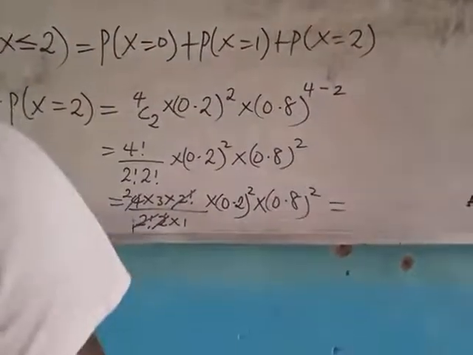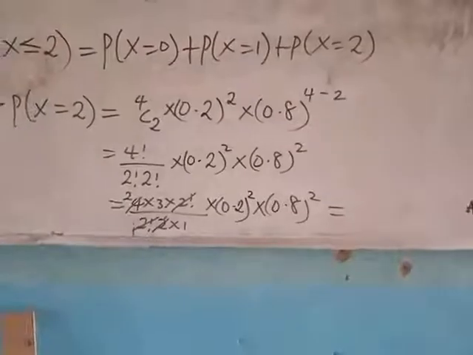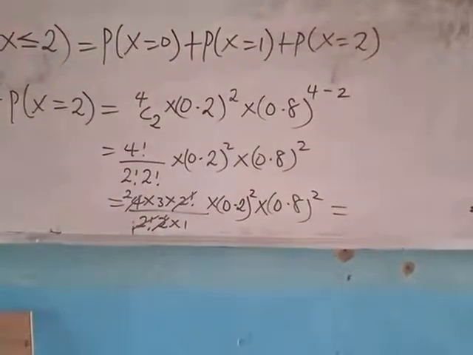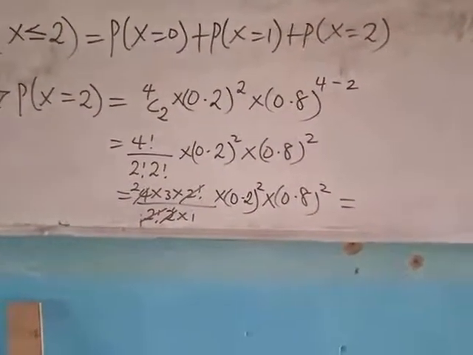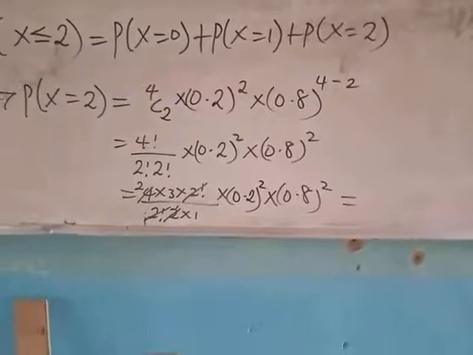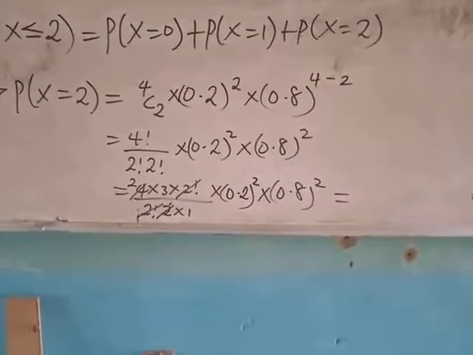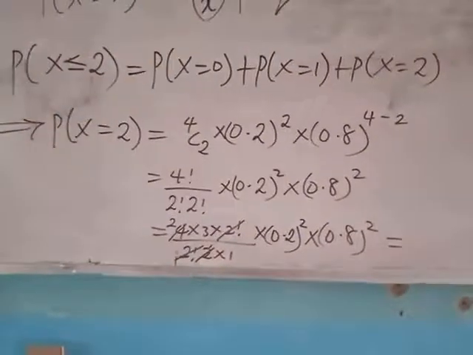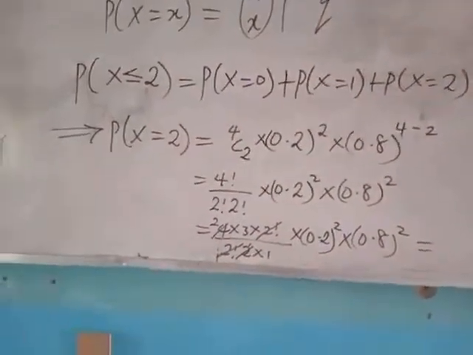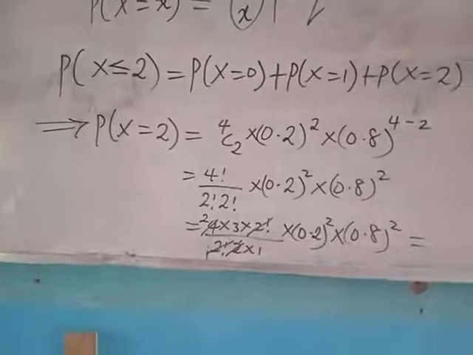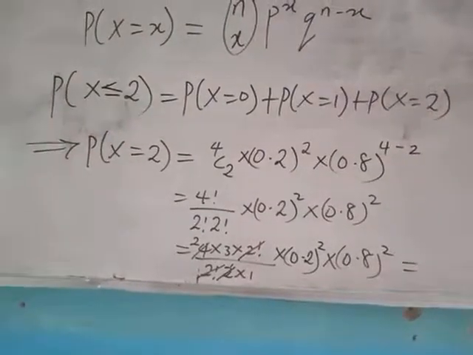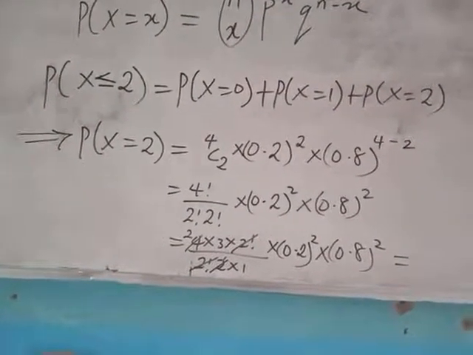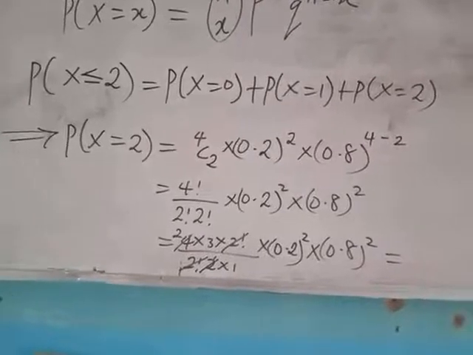So the answer for probability of x equal to 2 now: we are left with 2 times 3, which is 6. 6 times 0.2 squared, then times 0.8 squared.